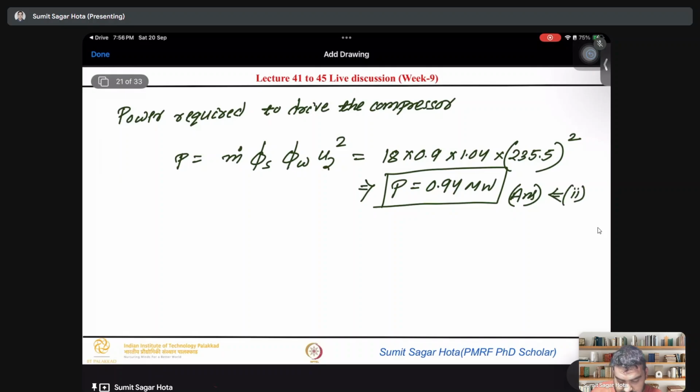This is your answer. So we also know that P is equal to m Cp delta T, m dot Cp (T2 minus T1). So substitute and find out the value of T2.